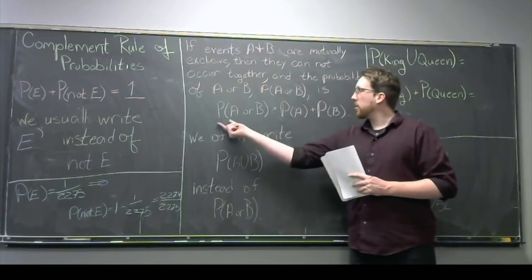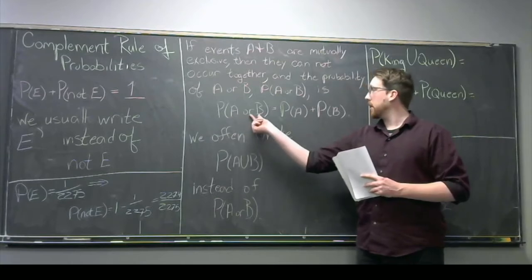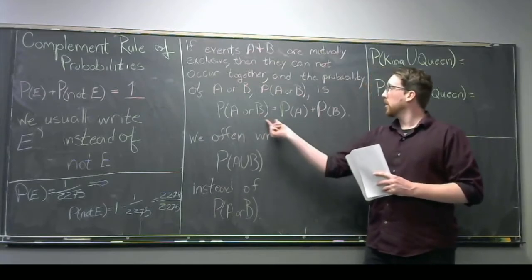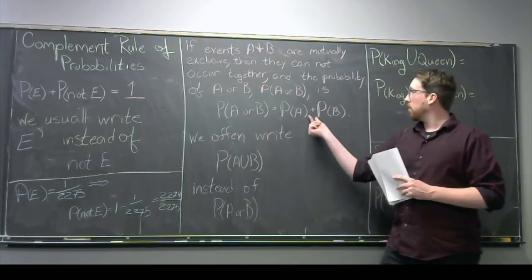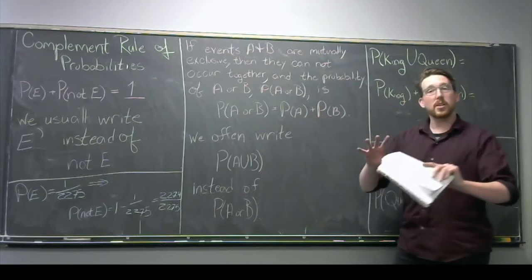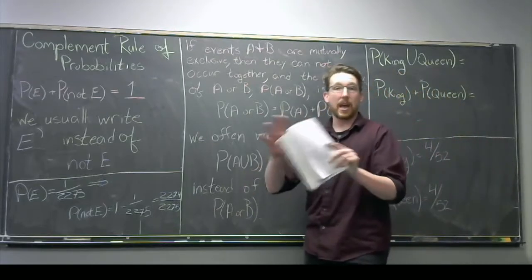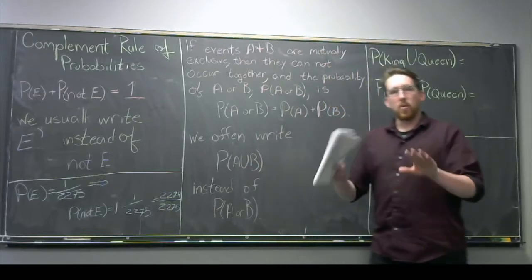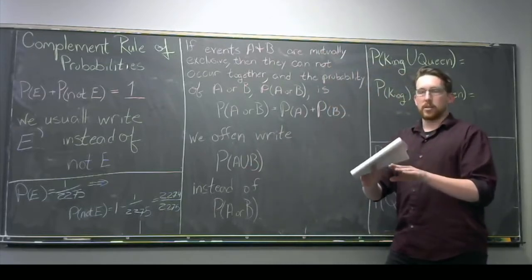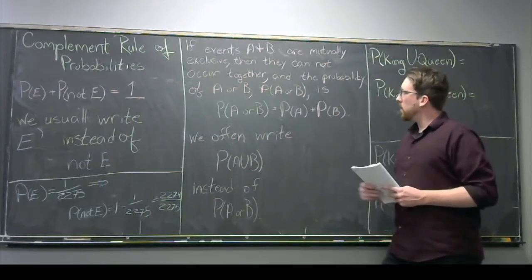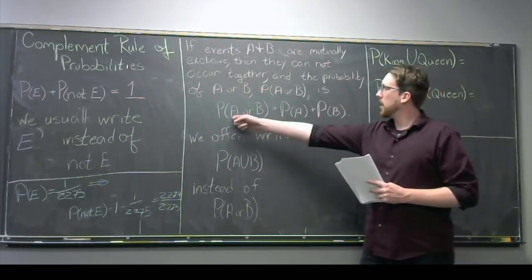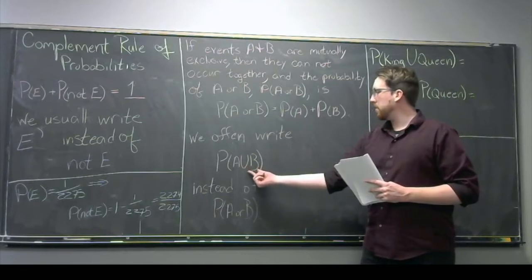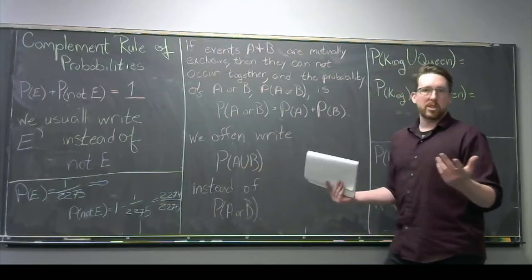And because of that, the probability of A or B is really just the probability of A plus the probability of B. And this is in the case that A and B are mutually exclusive. They don't have any overlap in events. We oftentimes write this as A unioned with B. Same idea.